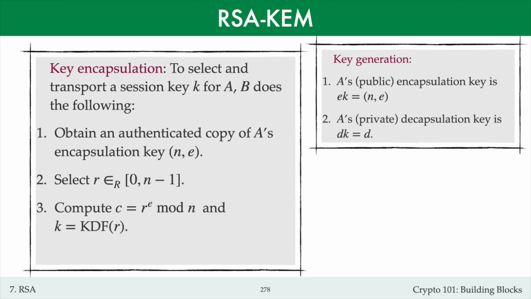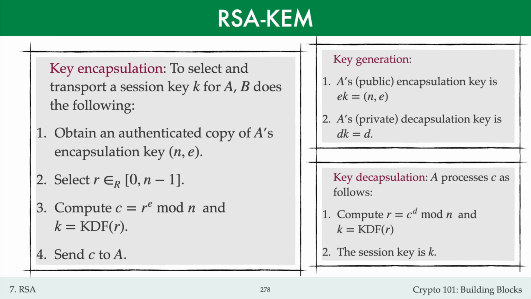He also computes K by applying a key derivation function KDF to R. He sends C to Alice. To recover the session key K, Alice decrypts C by computing C to the power D modulo n to get R. And then she applies the KDF to R to obtain K.